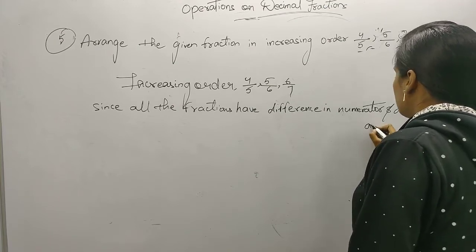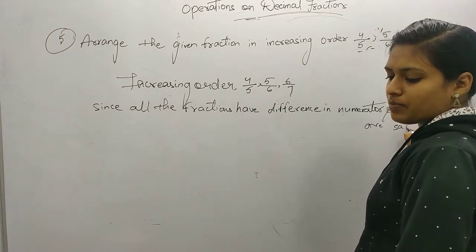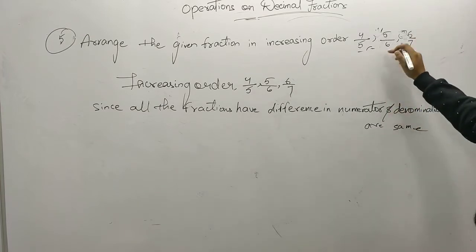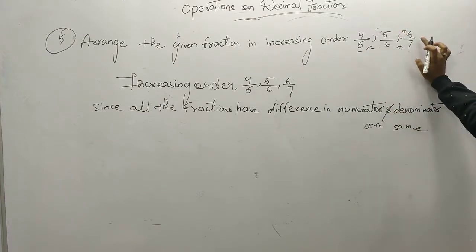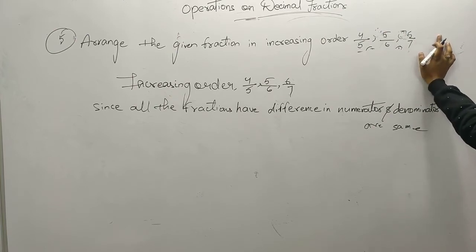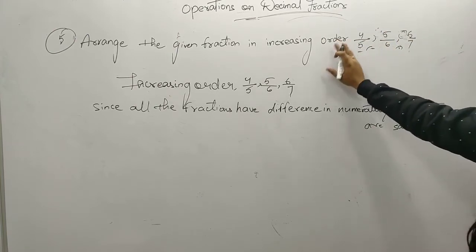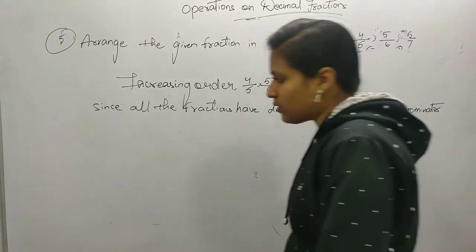Both the numerators and denominators are different, but the differences are same. That's why we can write easily in increasing order. Next we will solve another problem.